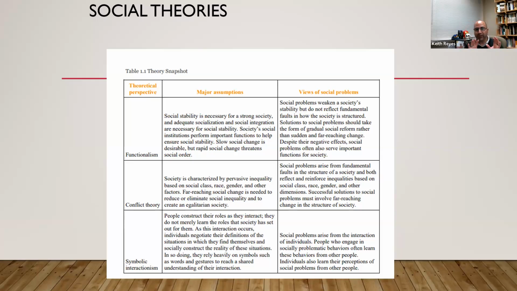Functionalism is related to these macro structures that are present in any and every society, and the stability or the homeostasis of those structures, of those institutions, in order to keep the society healthy. So if you have a breakdown in the economy, then you're going to have a breakdown in the family, or you're going to have a breakdown in the education system, right?